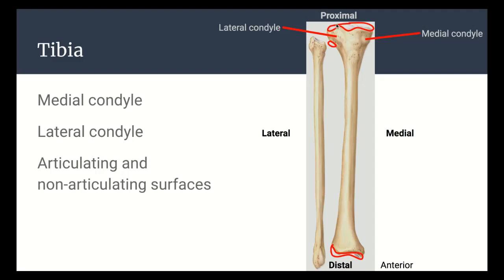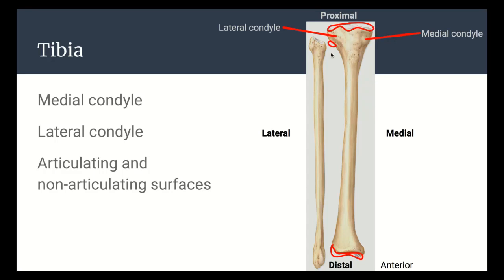So the femur articulates just proximal to the condyles. So we have the lateral condyle and the medial condyle. And you'll notice also that the medial condyle is slightly larger than the lateral condyle because the medial side bears more of the weight.